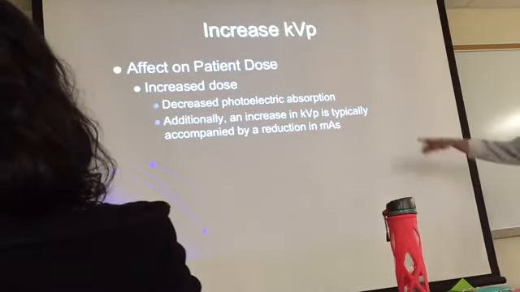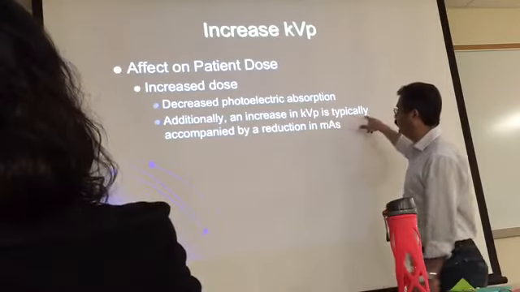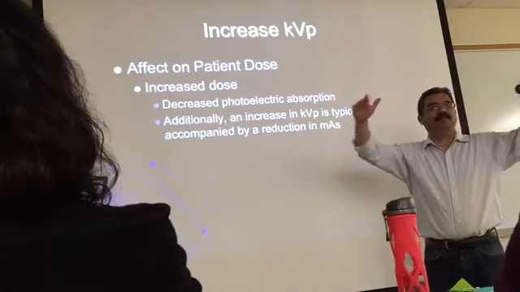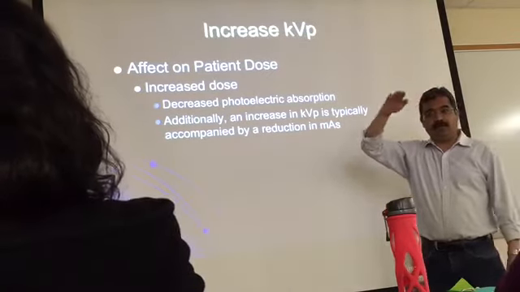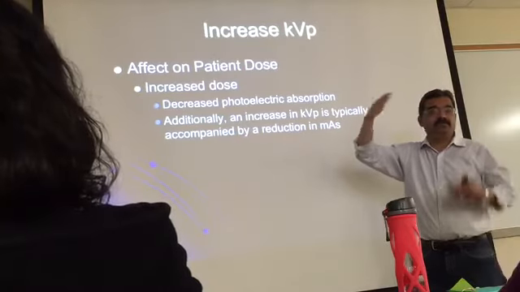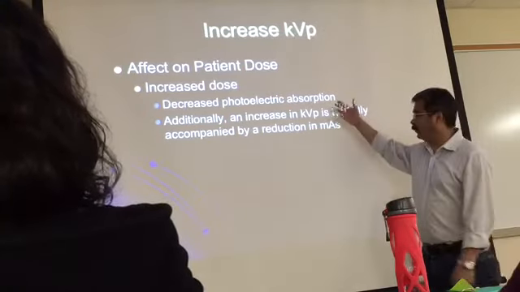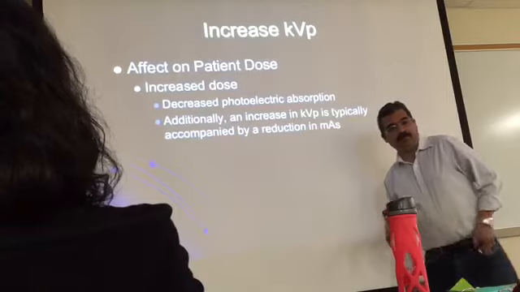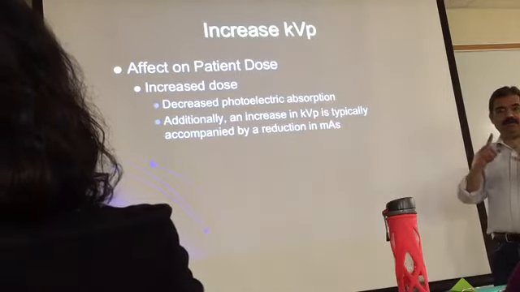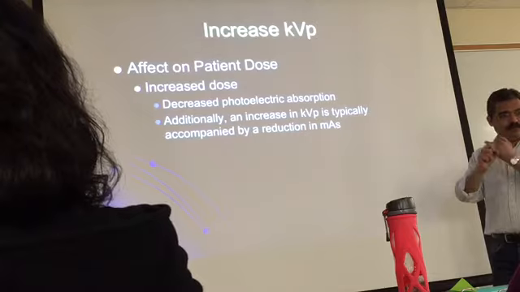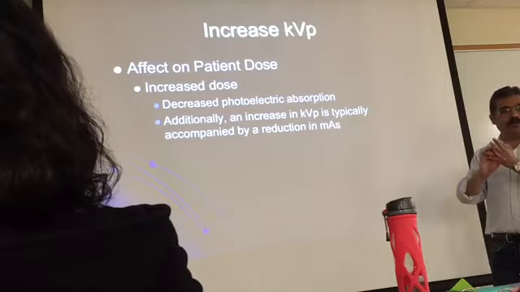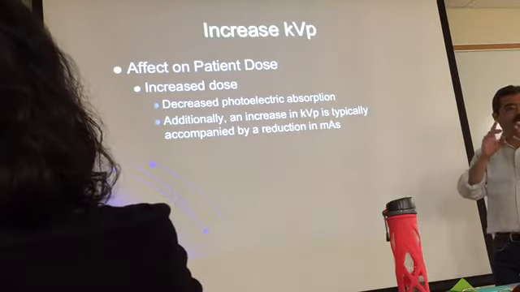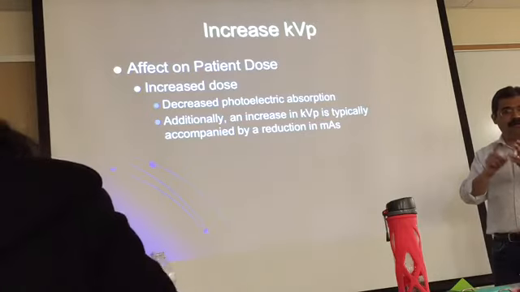So, decrease in photoelectric absorption. Additionally, increasing kVp is typically accompanied by a reduction in mAs. That's what you assume if you want to maintain the same density, the same darkness of the film: you increase kVp but decrease mAs. The point here is that when you increase kVp, you are increasing the amount of scattered radiation reaching the film, but also increasing the quantity. So kVp has the ability to change both contrast and density.